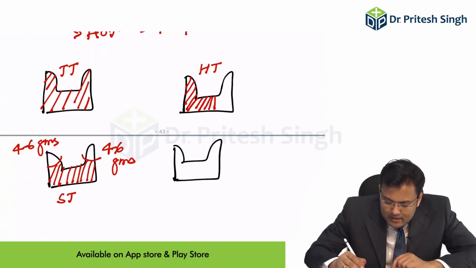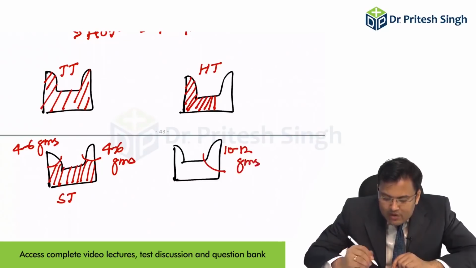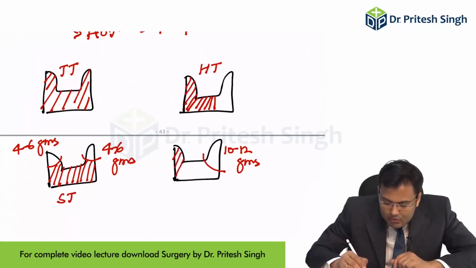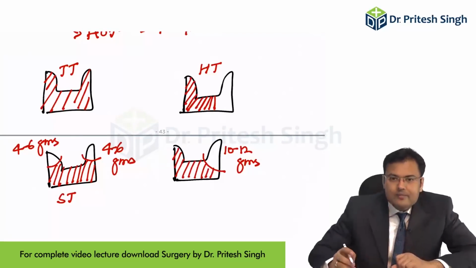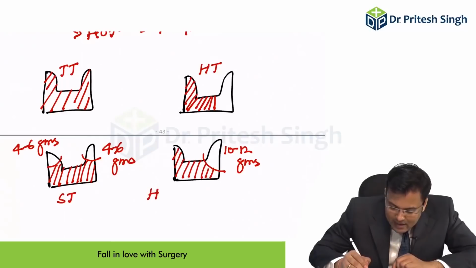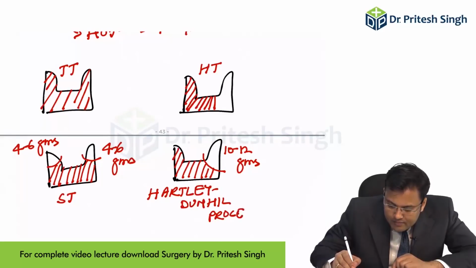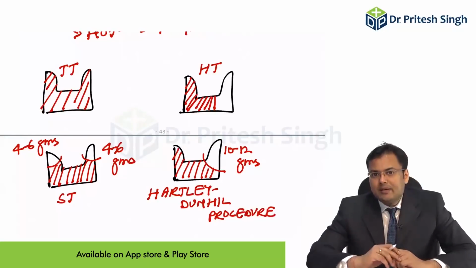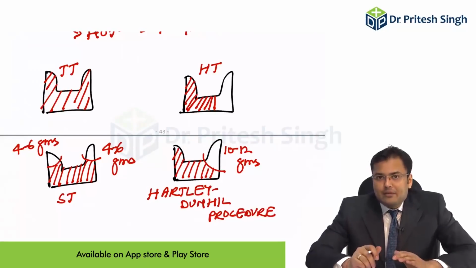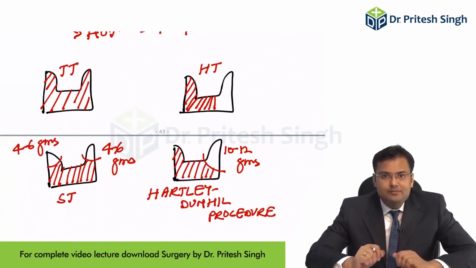After that, see, suppose we are going to leave 10 to 12 grams of thyroid in one lobe and remove the rest of the thyroid gland. This is a modification of subtotal thyroidectomy known as the Hartley Dunhill procedure. I'm repeating, leaving 10 to 12 grams of thyroid in one lobe with removal of the rest of the thyroid gland is known as the Hartley Dunhill procedure.